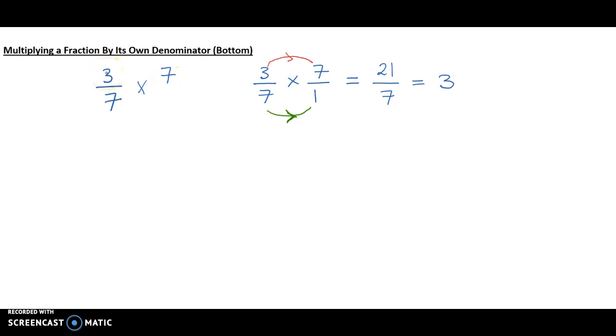Let's try it again. Let's try it with 2/5. We're going to multiply it by its own bottom, so multiply it by 5. Now that's going to be 5 over 1.